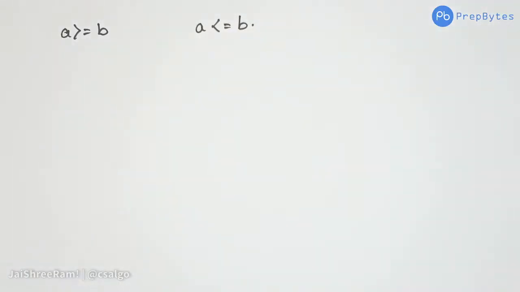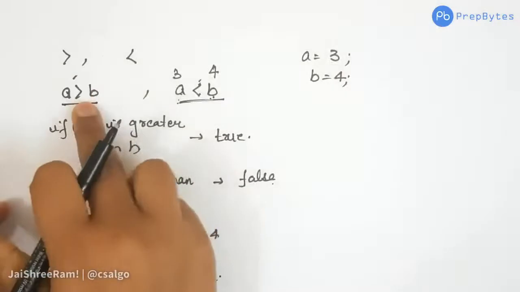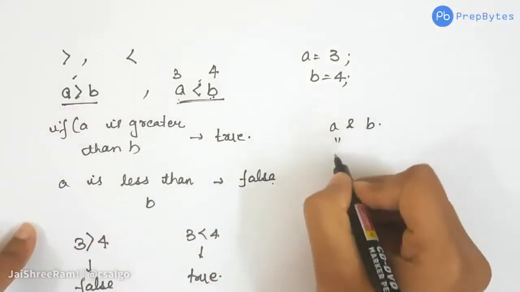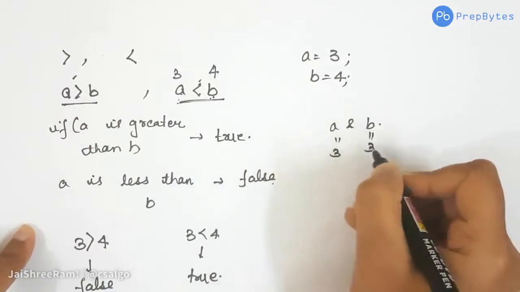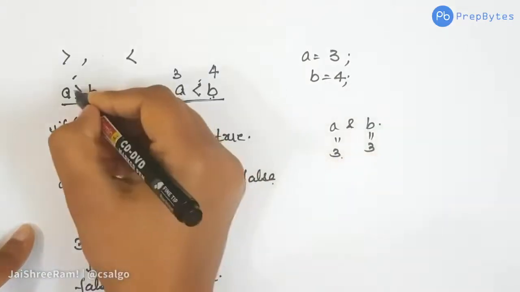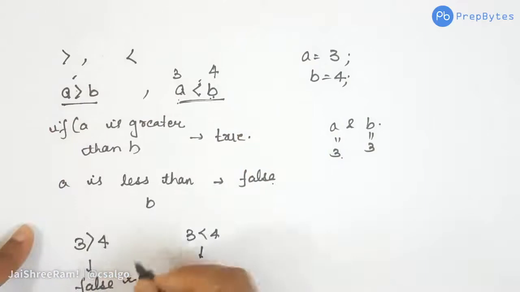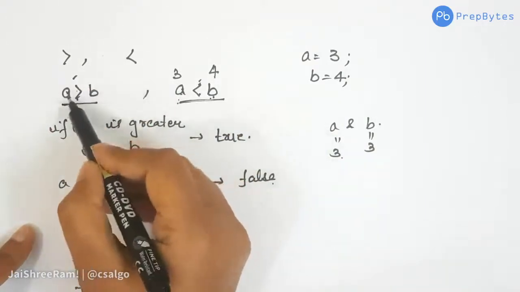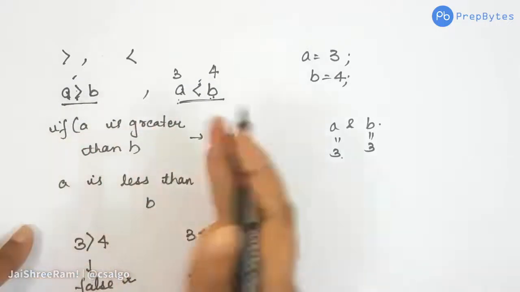In this particular case, if A and B both would have been 3, then the output would be false for strictly greater than, since we are looking at whether A is strictly greater than B or not.